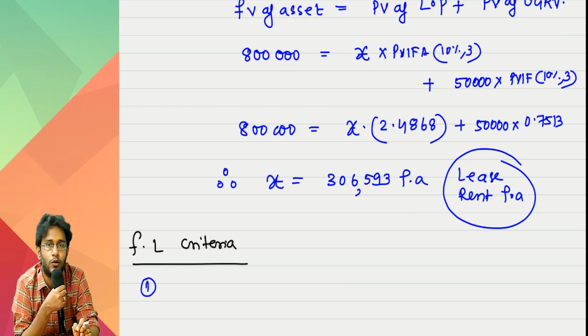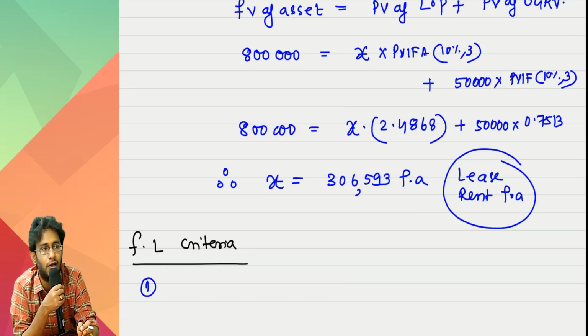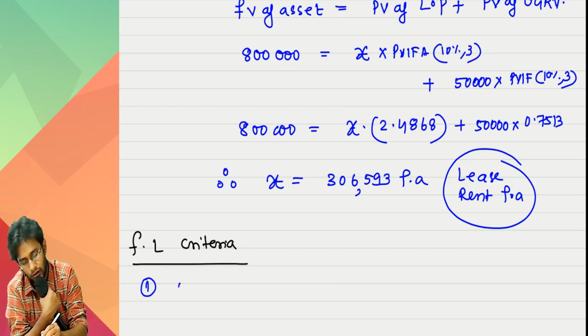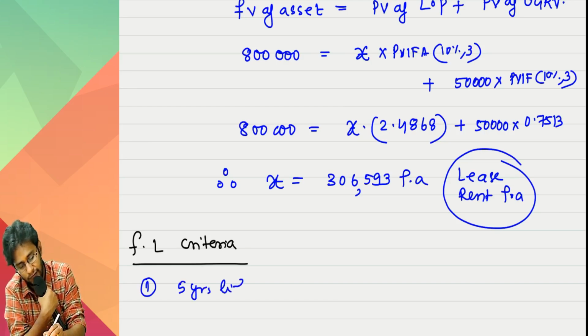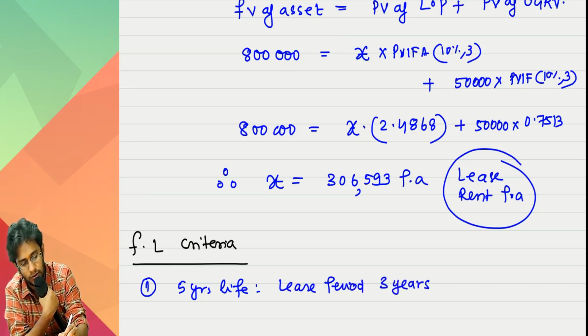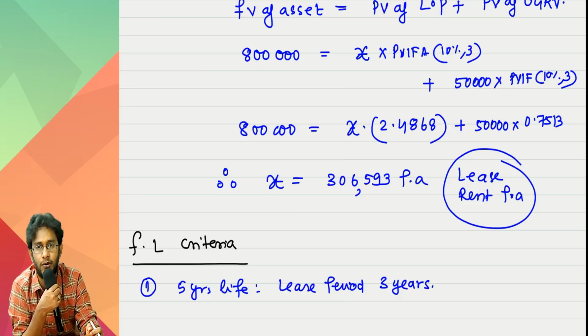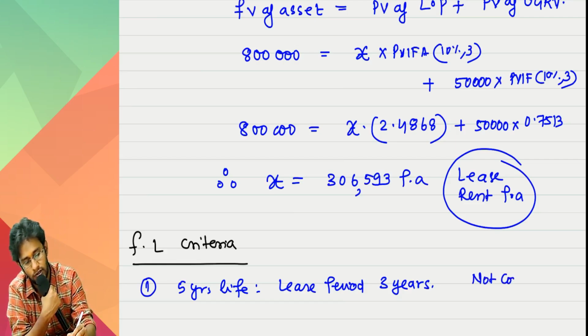The lease period should constitute the major period of the life of the asset. Out of 5 years life, lease period is only 3 years. It is just more than 50%, but it is not conclusive enough. So we'll simply say that it is not conclusive.